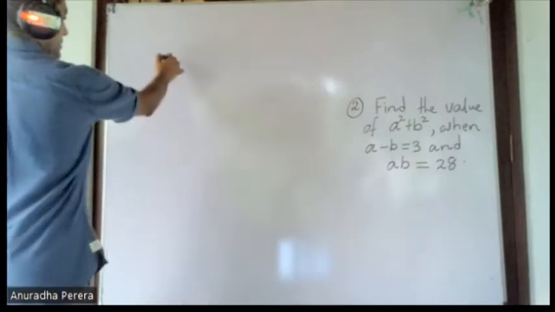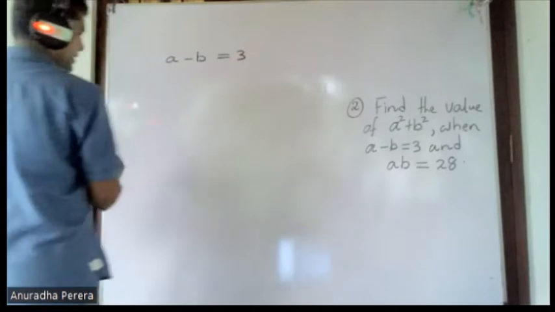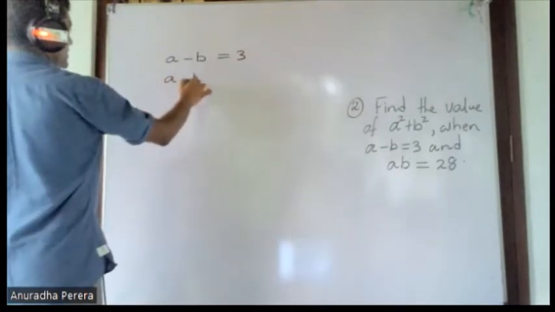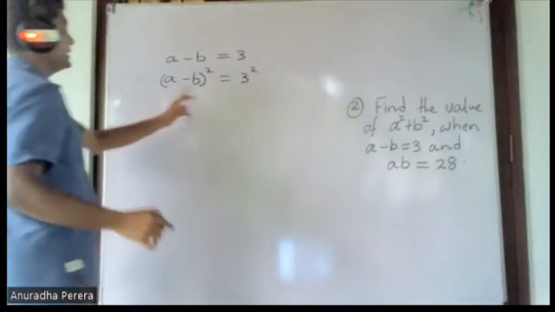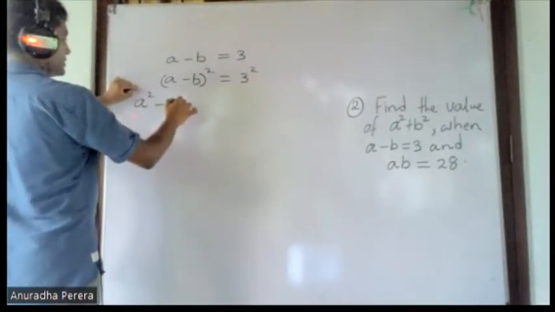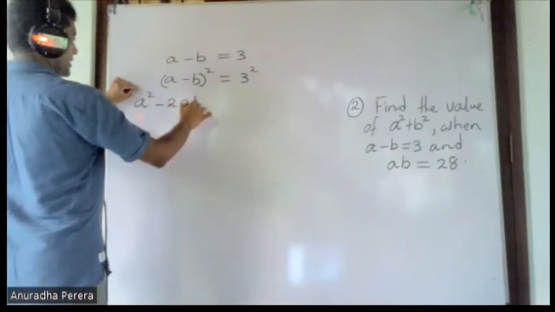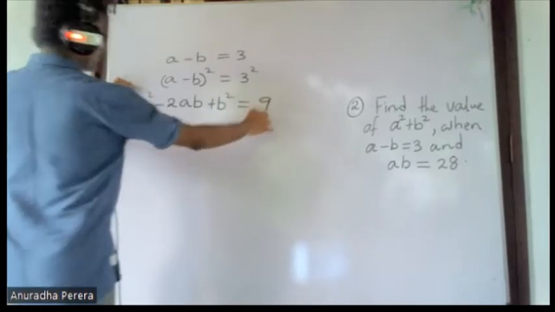You can start from a minus b equals 3. Then take the square of both sides. (a minus b) squared equals 3 squared. Expand this: square of the first term, product of 2 times, minus 2ab plus b squared equals 9.